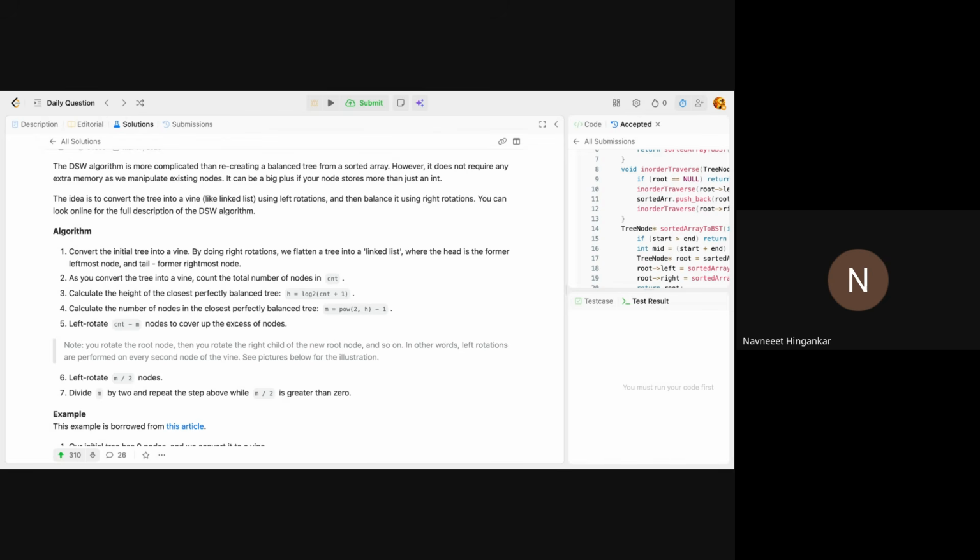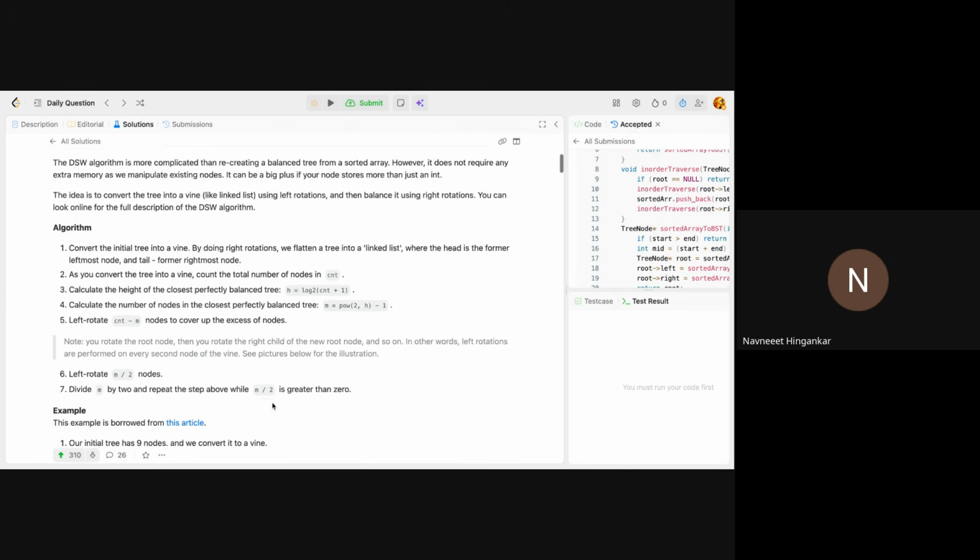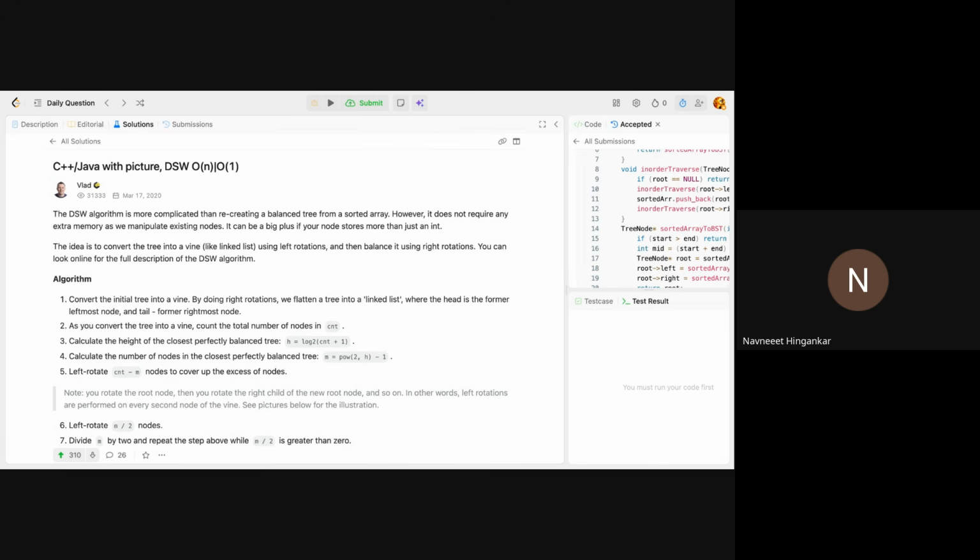So the modified in order tree's next portion will be root, and the modified right portion will be next of root, right? So the tree will be converted into a linked list, right?